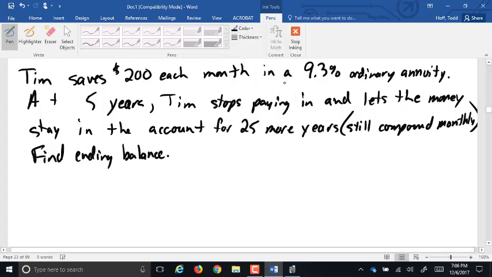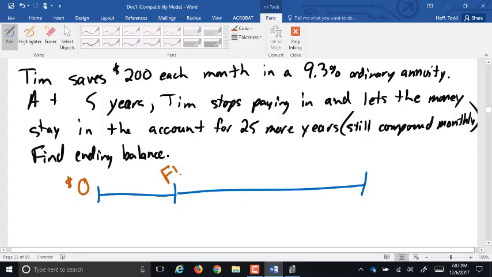So there are two things happening here. So there's two places on the timeline. This first timeline, of course, we start out with how much? $0. Starts out with nothing. He's going to build up to some sort of future value. I'll put a little A here for an annuity.